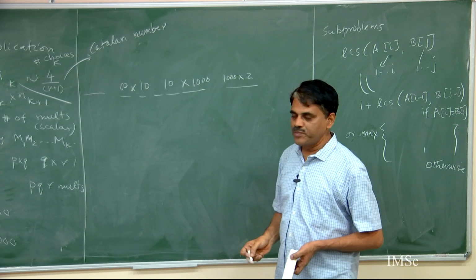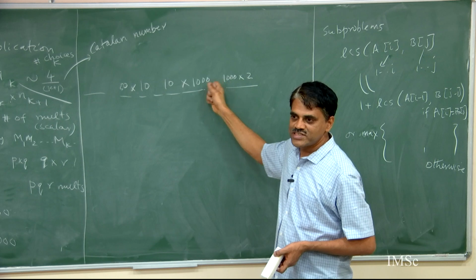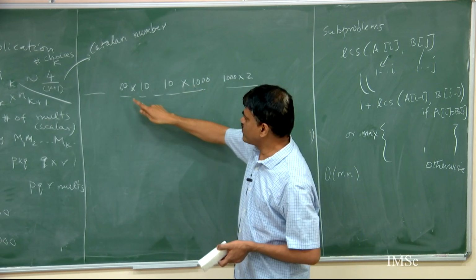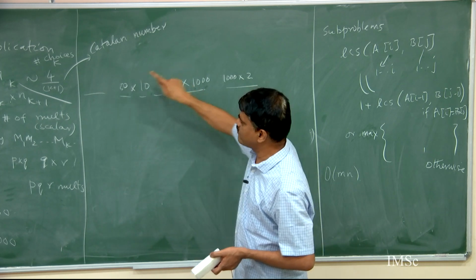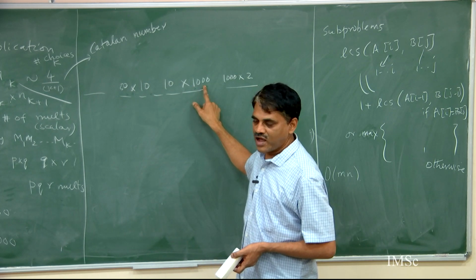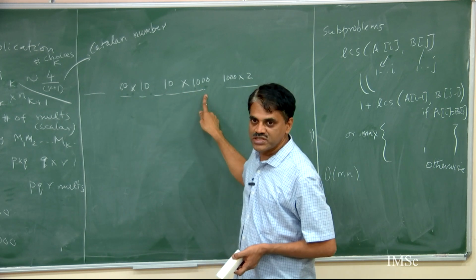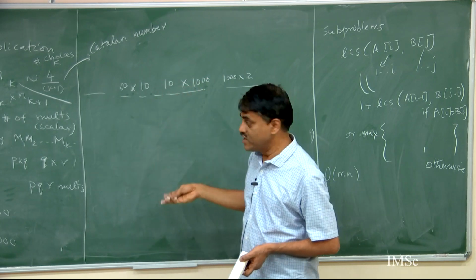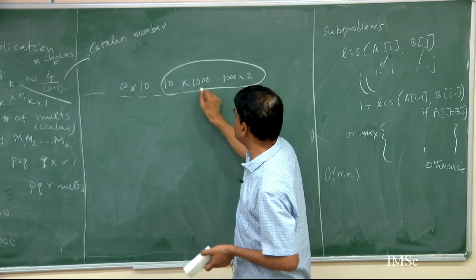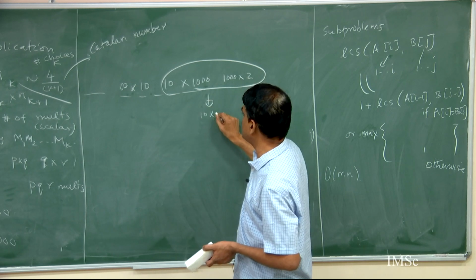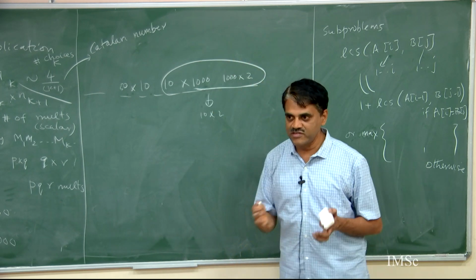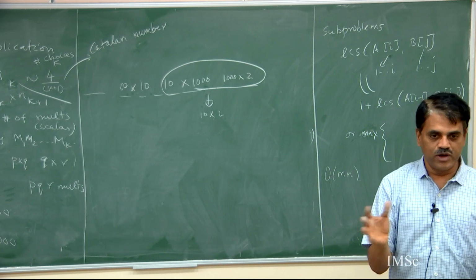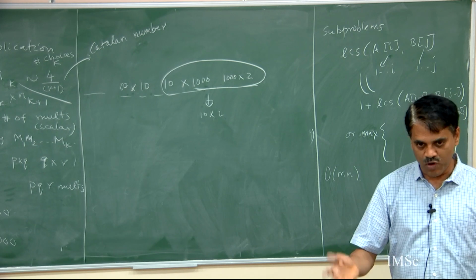The greedy choice would be to nuke this out quickly, because if you keep the 1000 alive, then every multiplication will involve 1000, and the dimension would be 50 by 1000, and the 1000 will keep surviving. So do this multiplication quickly, so that the dimension becomes 10 by 2 and this big number goes away. So this is one greedy choice: we take the largest dimension and make it go away by doing that adjacent multiplication, and then keep going.